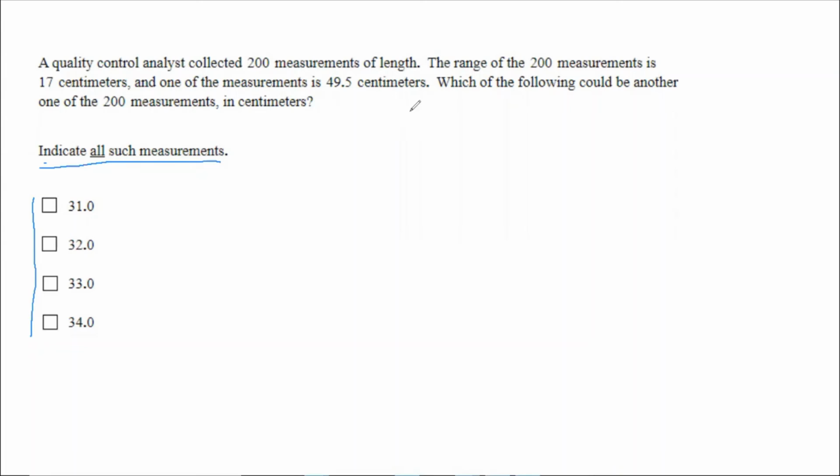So when we look at this question, we see that we have 200 total measurements. And the range is 17 centimeters.